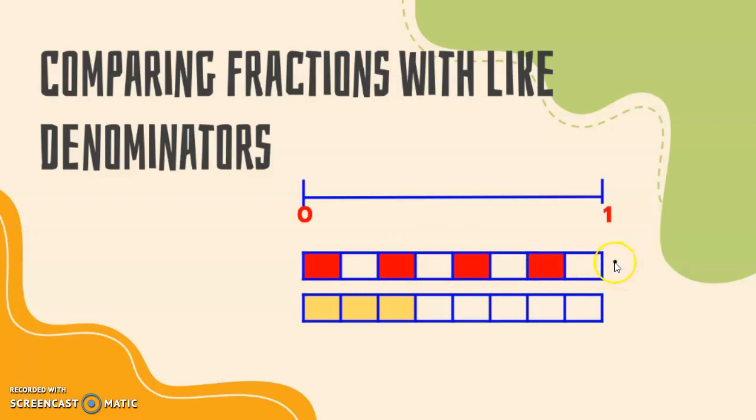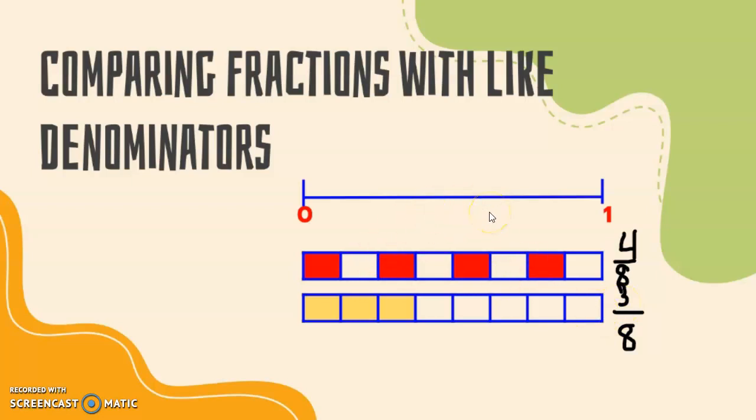We have 8 total parts, so that it's going to represent our denominator. And we have 4 parts that are shaded red. We have 1, 2, 3, 4, 5, 6, 7, 8 parts. And 3 are shaded yellow for our second model.